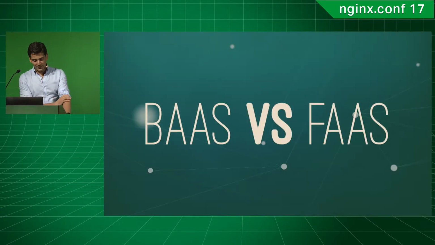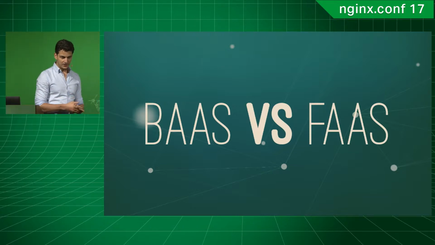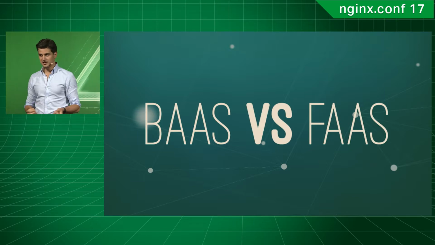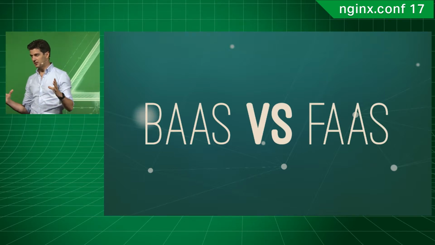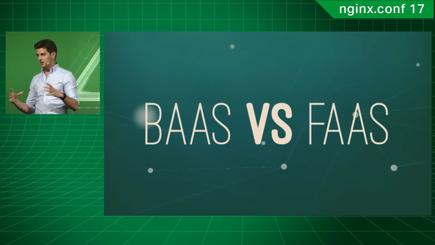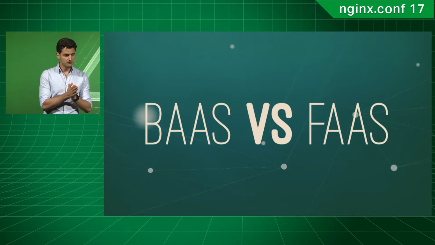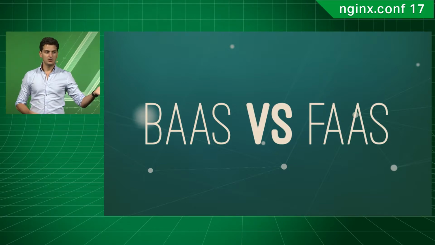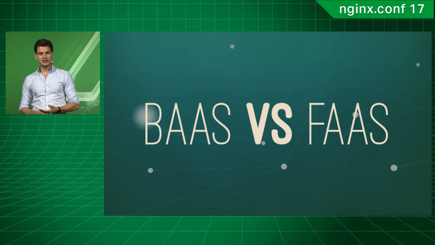Before we move ahead, I don't want to confuse, and I wanted to clarify the difference between backend as a service and function as a service, because people speak about these two and they put them in the same category with serverless. It's actually a very simple difference. With backend as a service, we're thinking of services that are running in the cloud, like databases or storage.